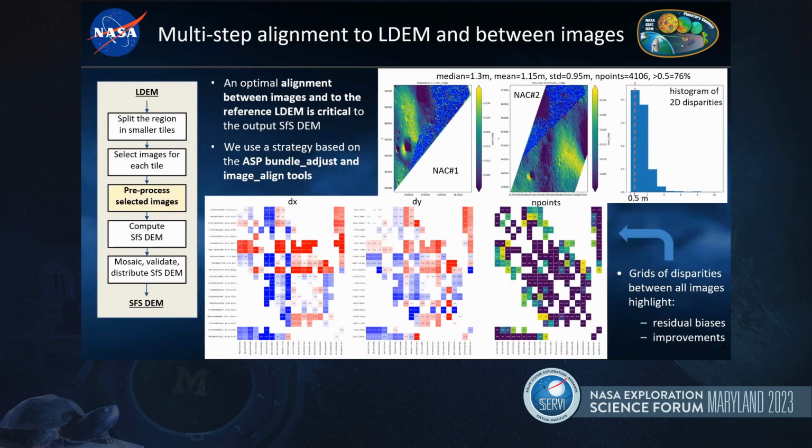So once we have identified a good subset of images, we want to align them carefully among themselves and to the LOLA terrain. Indeed, the imperfections in the orbits and pointing, especially those computed for the LRO probe, can result in misalignments up to tens of meters at the surface, and the actual quality of the resulting terrain model is highly sensitive to these misalignments that need to be corrected.